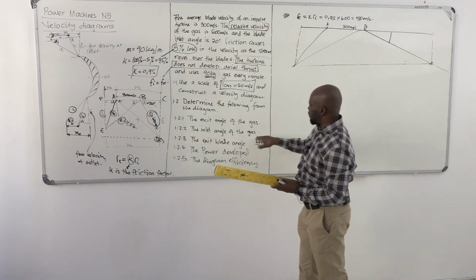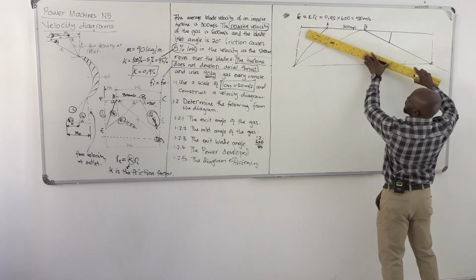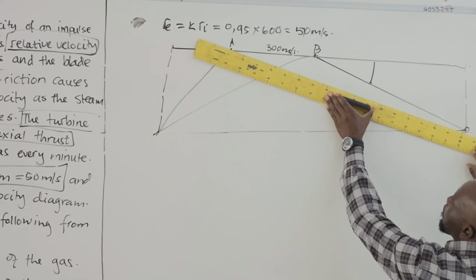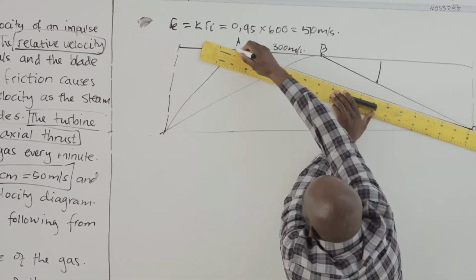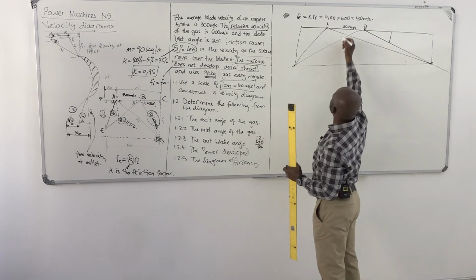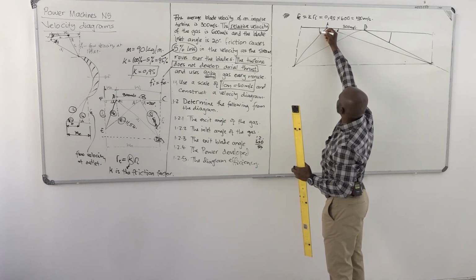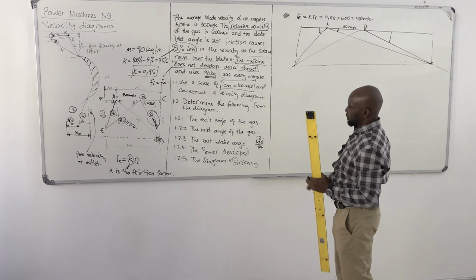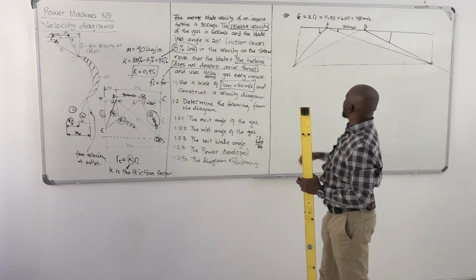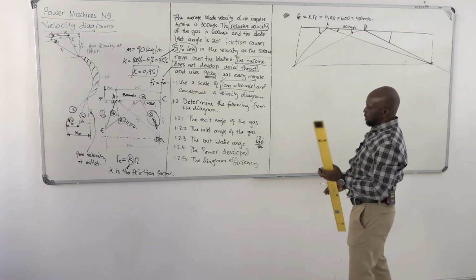Then the inlet angle of the gas, you also have to draw this line to A. So for the inlet angle of the gas, you measure this line from there to there. This one is measured anti-clockwise, this one is measured clockwise. Then the exit blade angle, you are going to measure this one from here anti-clockwise to there.